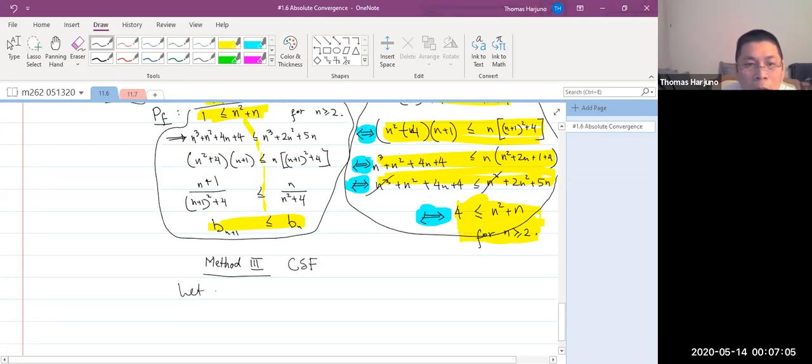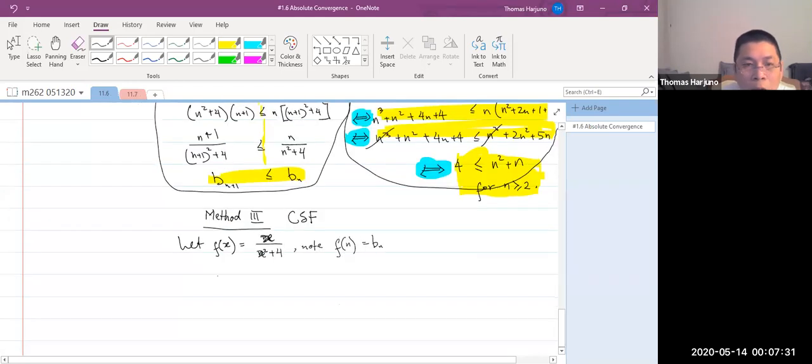Let f(x) equal n over square root of n plus 4, oh no, x, sorry, not n. And note that f(n) is the Bn.